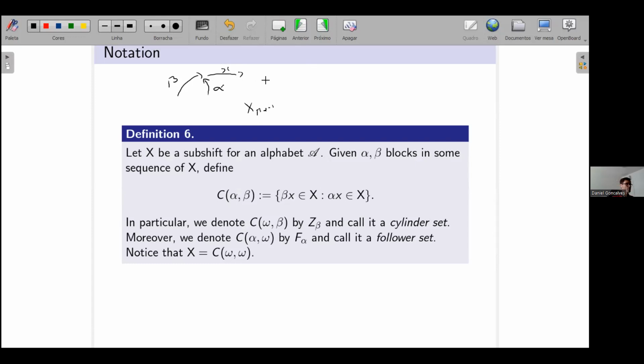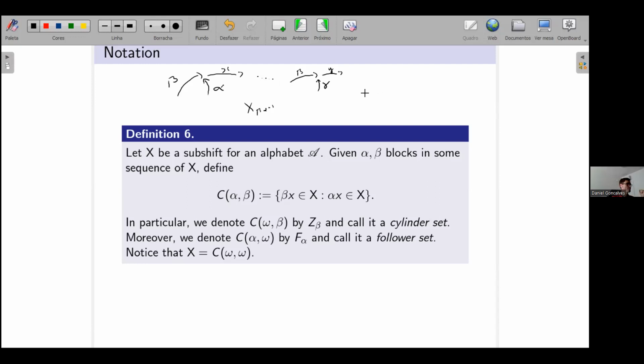If I'm in a general shift, this might not happen. Look, I could have a beta here, and this could be the same graph, right? I could just go here, and I could have a gamma here, and then, say, followed by a y, different, in a labeled graph, for example.